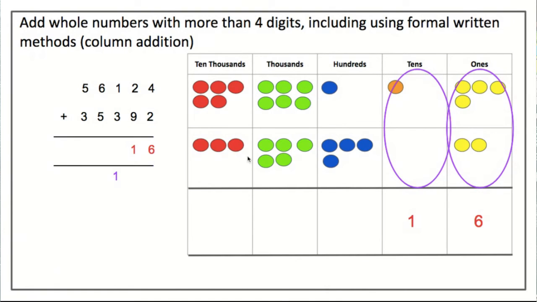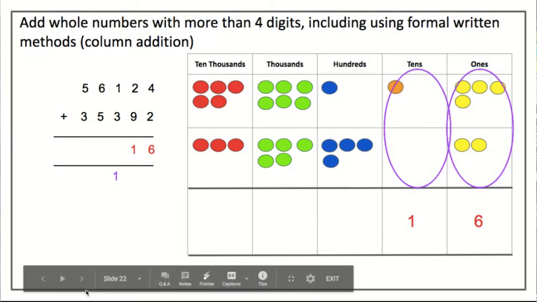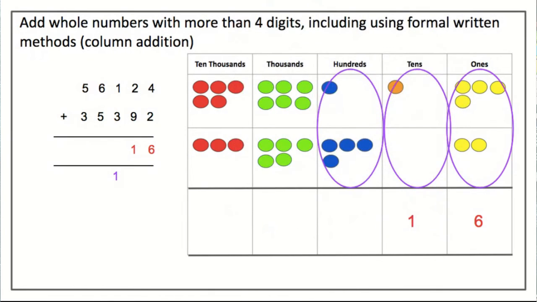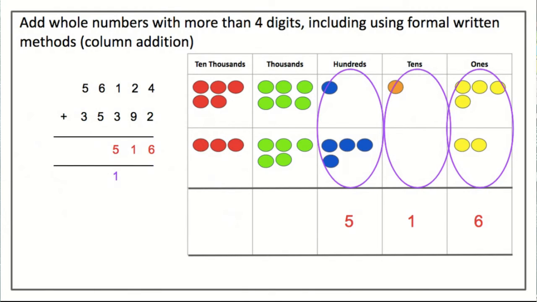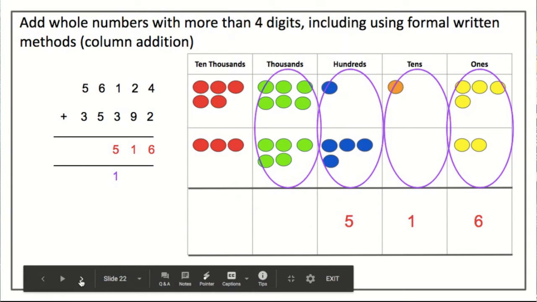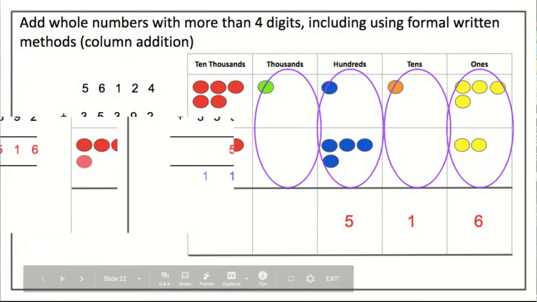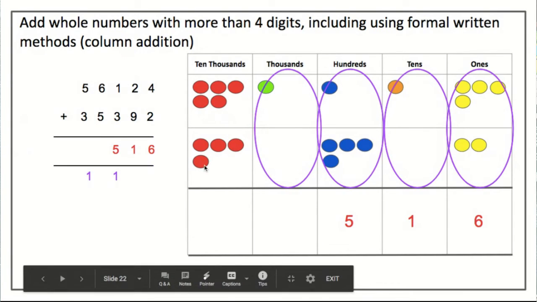Lucky for us, the hundreds column is simple. Group them together, count them, and record. We have 5 hundreds. The thousands column shows 6 thousands and 5 thousands, which total 11 thousands. So once again, these 10 thousands are removed and regrouped into 1 10,000 counter and placed in the 10,000 column.